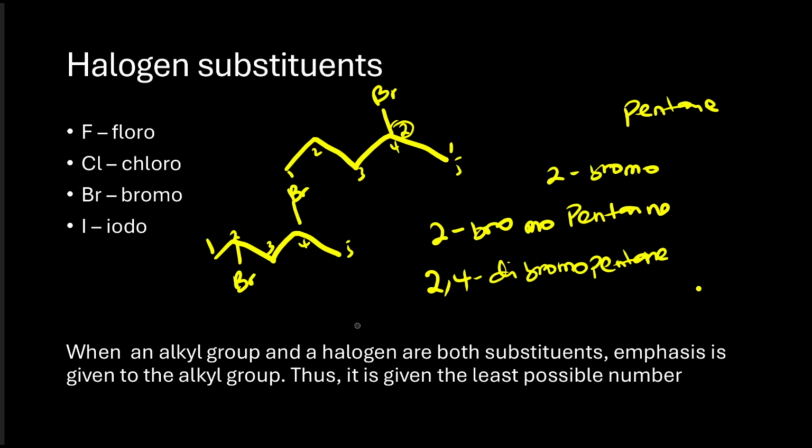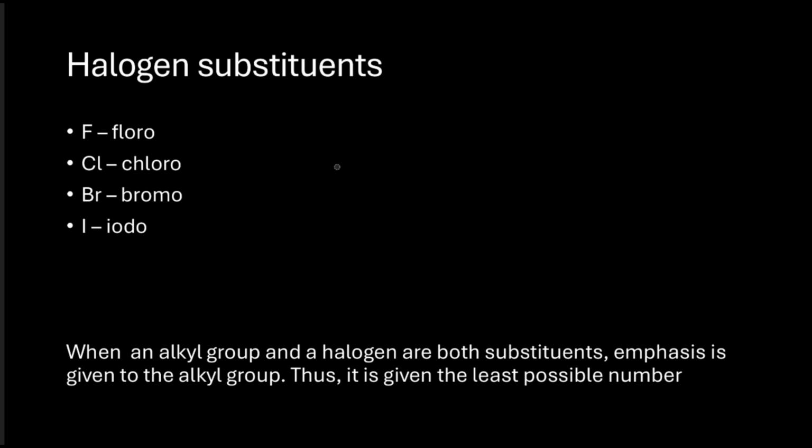We can also have an alkyl group with a halogen as substituents on a chain. So we can have an alkane chain and then an alkyl group and a halogen bonded to the hydrocarbon.